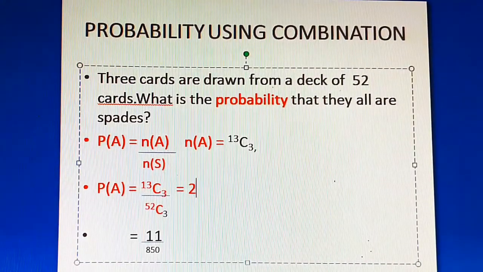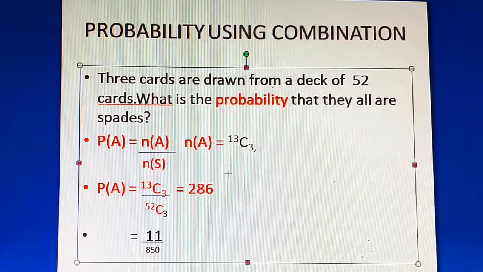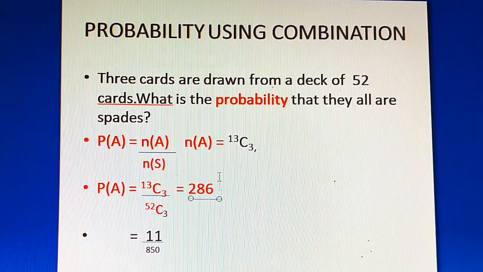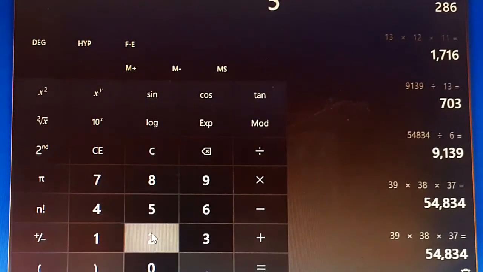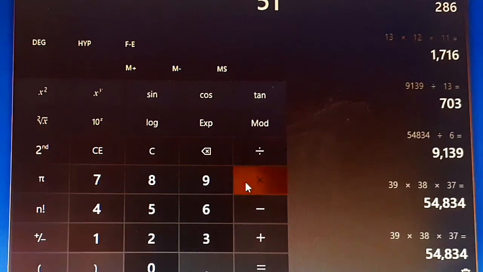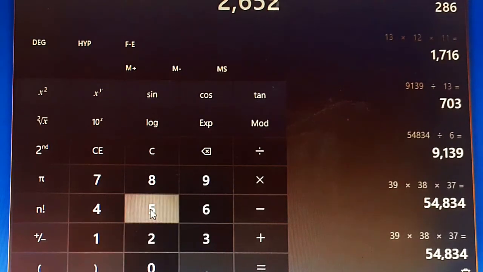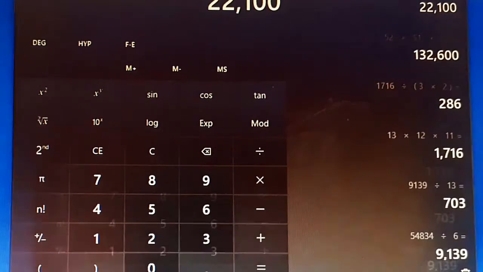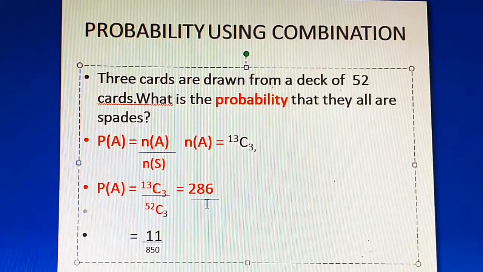Okay, you'll get 286 divided by 52C3. Tell me what is 52C3 quickly, students. 22,100. Correct.